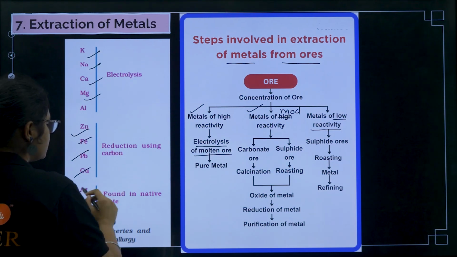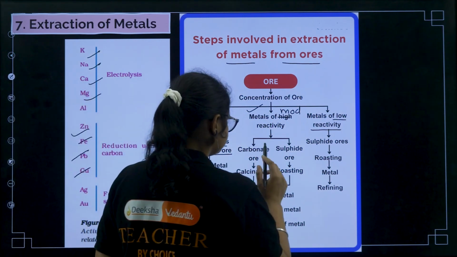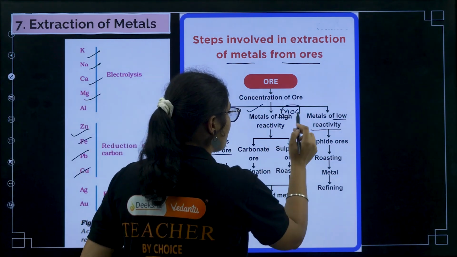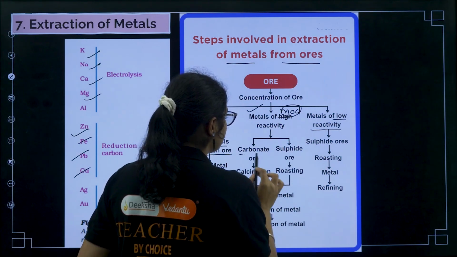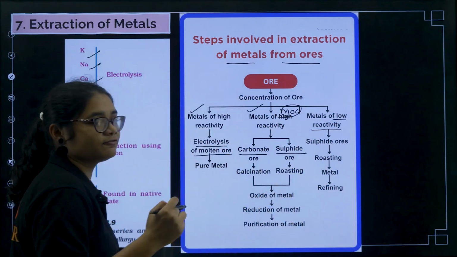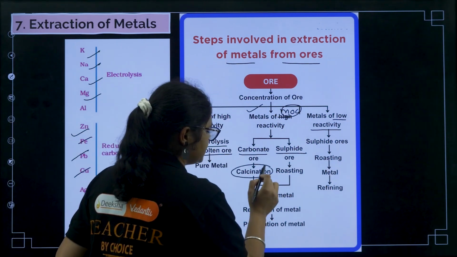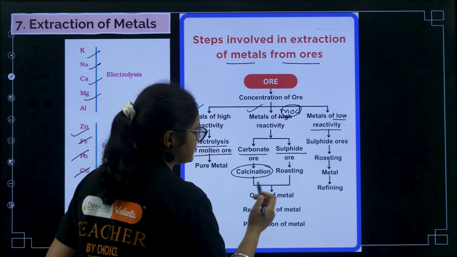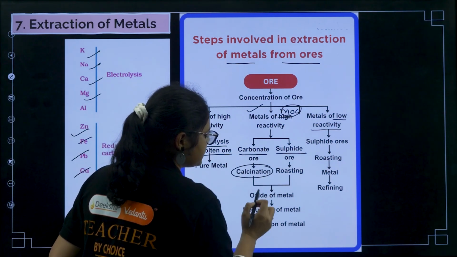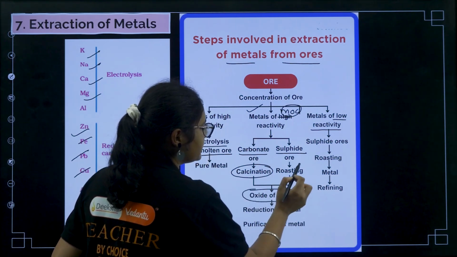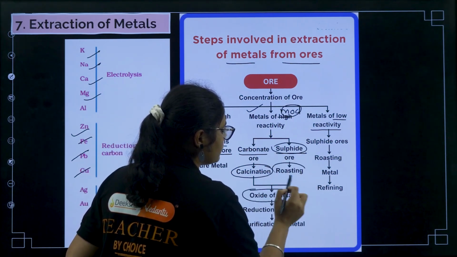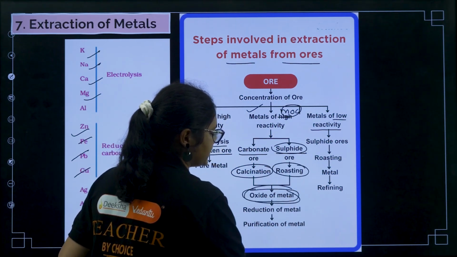For them what happens: these moderate reactivity metals are either in the form of carbonates or in the form of sulfides. Carbonate ores are converted to oxides by calcination, which we will be discussing. Similarly, sulfide ores are converted to oxides by roasting.